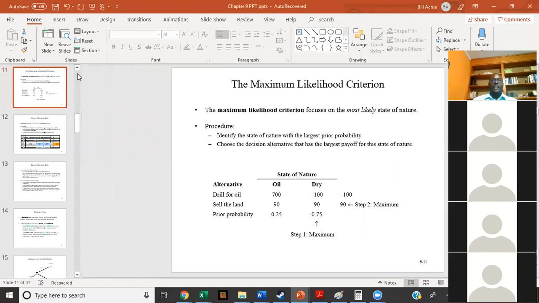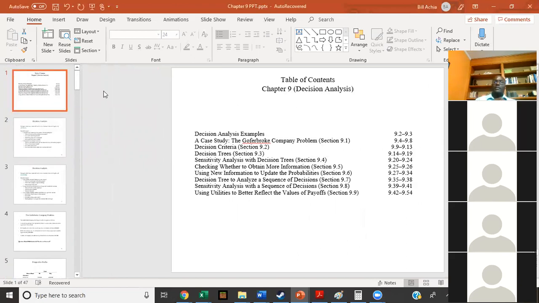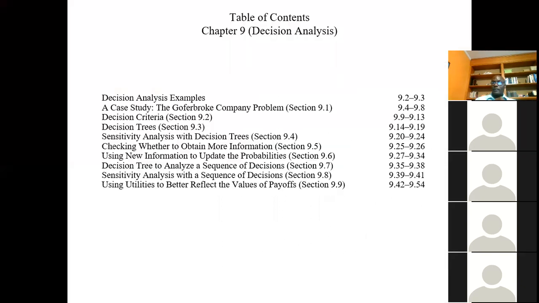Okay, so chapter 9 talks about decision analysis. For this specific section, what I'm interested in is the very first portion of chapter 9. It'd be nice for you to browse through the whole chapter, but what we're interested in for the purposes of this course is actually the first 4 or 5 topics.